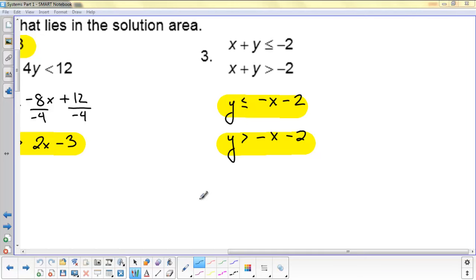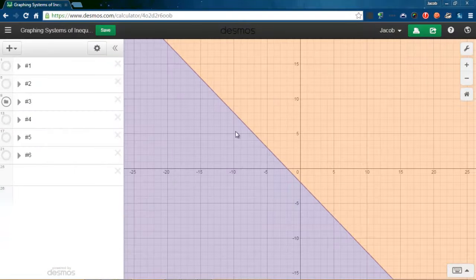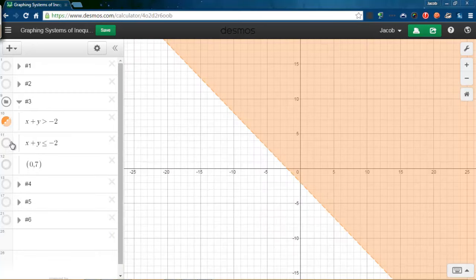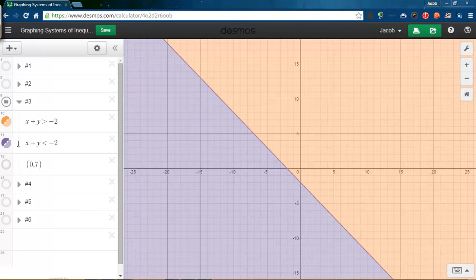Now let's take a look at this so you can understand graphically what's going on. So notice here, question number 3 is set in place. If we take away the purple line for a second, you have a dotted line for the inequality that is not equal to. You'll have a solid line which covers that dotted line.